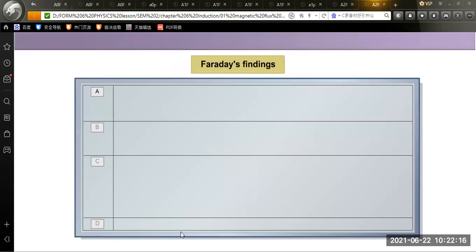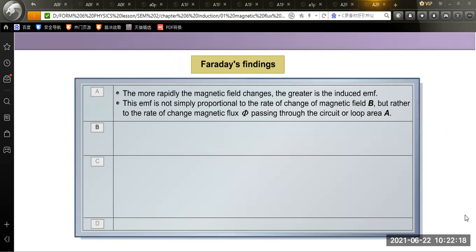According to Faraday's finding, the more rapidly the magnetic field changes, the greater the EMF. What is meant by magnetic field change? The change can be magnetic flux being cut, or the magnetic field strength increasing or decreasing.